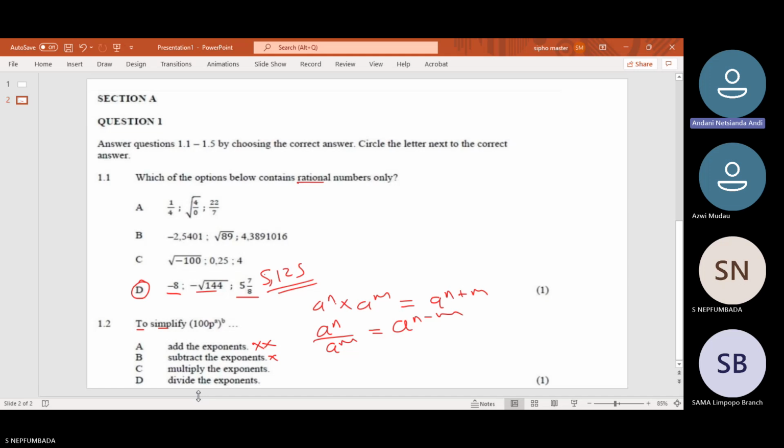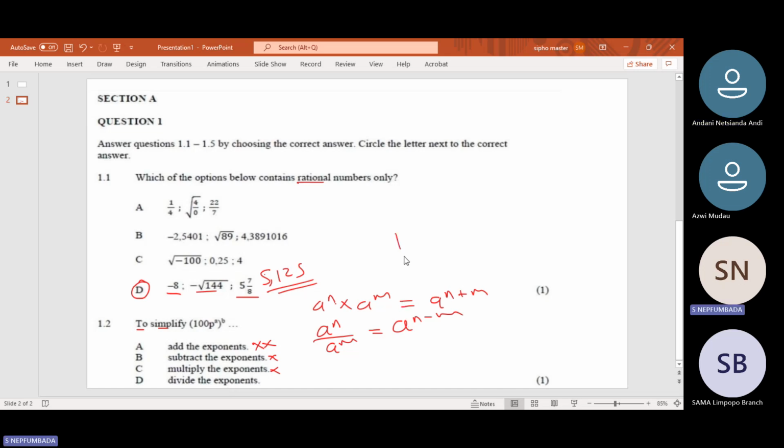So now, as far as we're concerned, do we multiply the exponents?